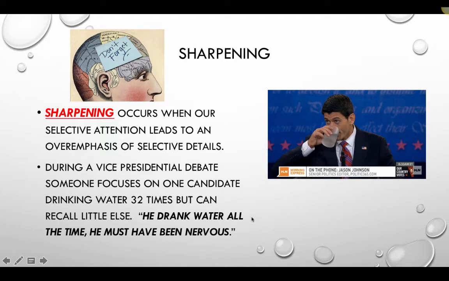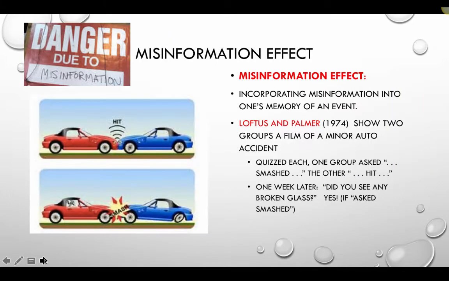All they could recall was how much water the candidate drank and that he must have been nervous. They remembered very little about the substance of any of the responses during that debate. So that would be sharpening, where they just remember one aspect. And again, that's based on selective attention.